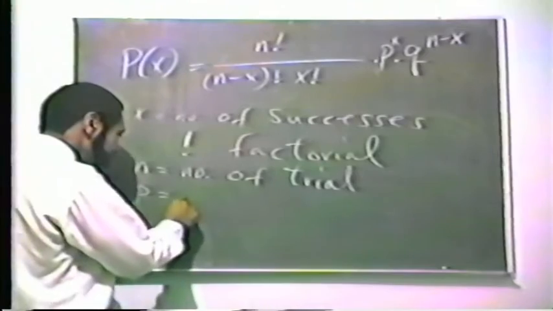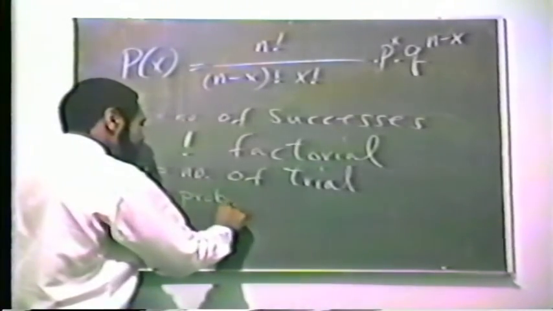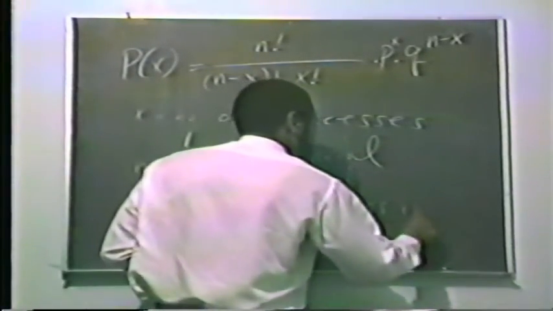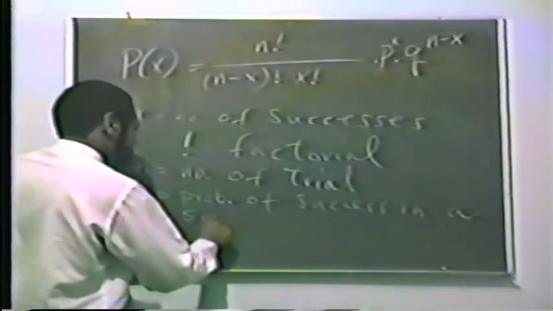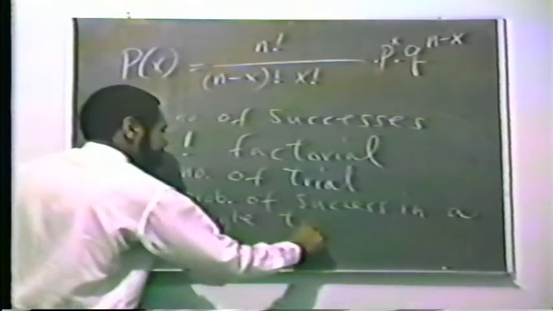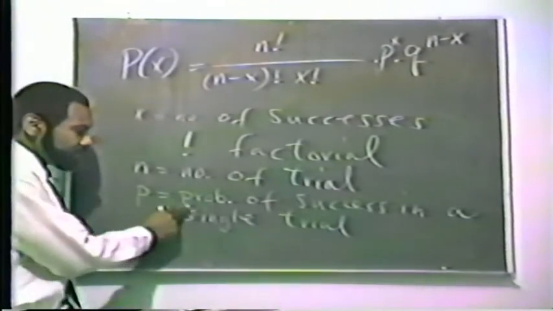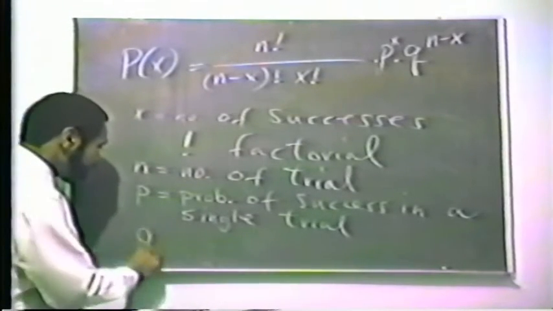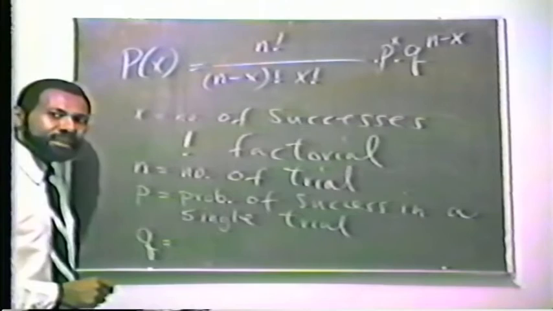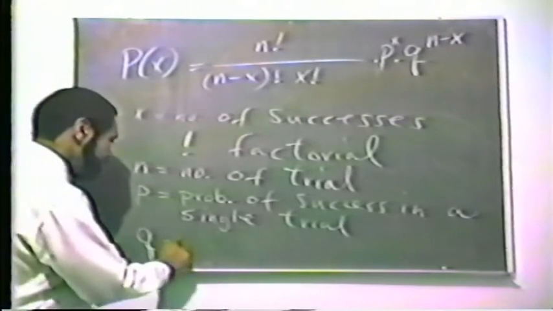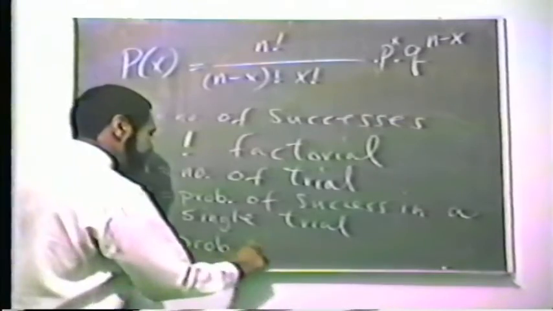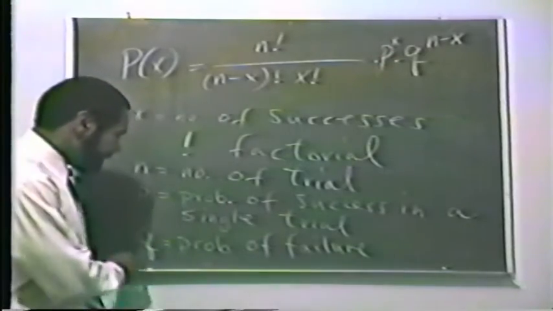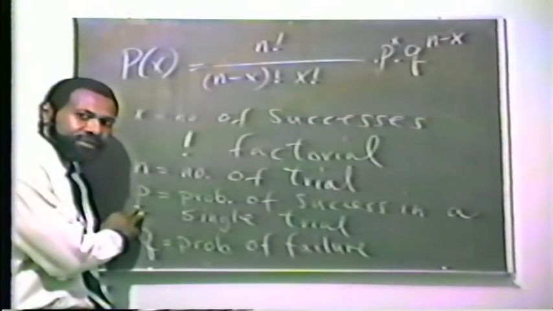So P is the simple probability of success in a single trial.